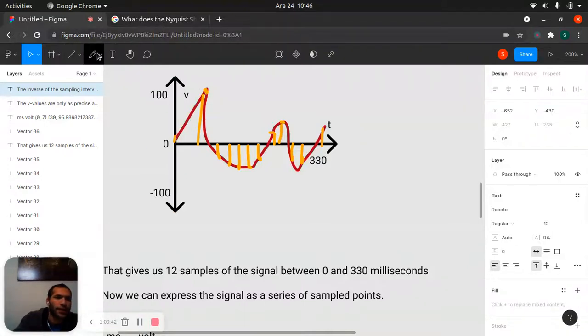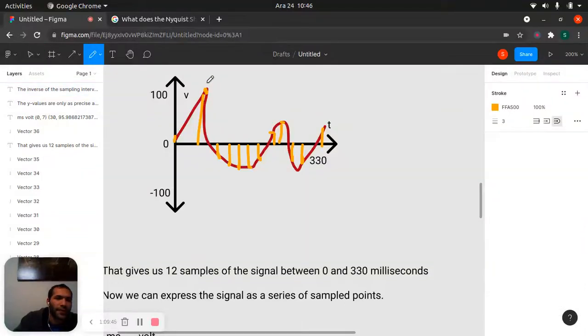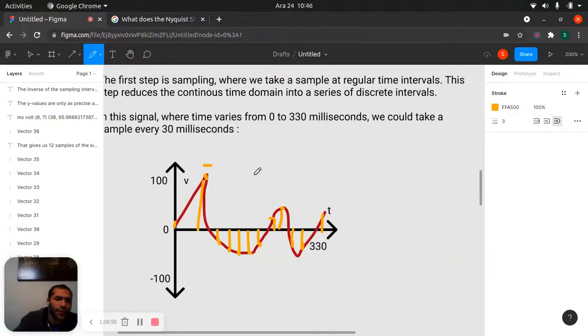Just think our frequency is here, like 500, and our sampling rate is 1000. This one is in hertz. Again, this one is hertz. Okay, you can think like that.